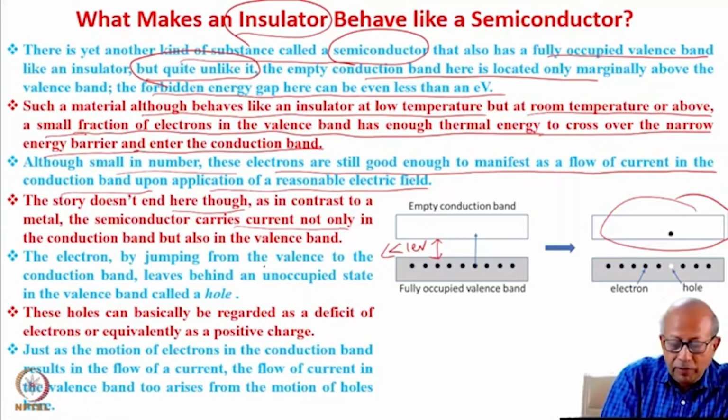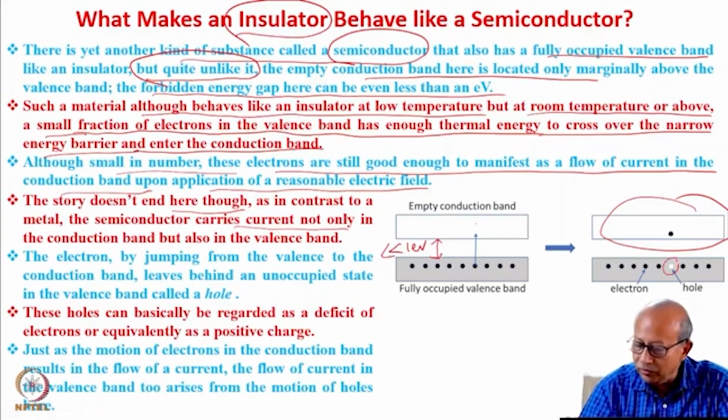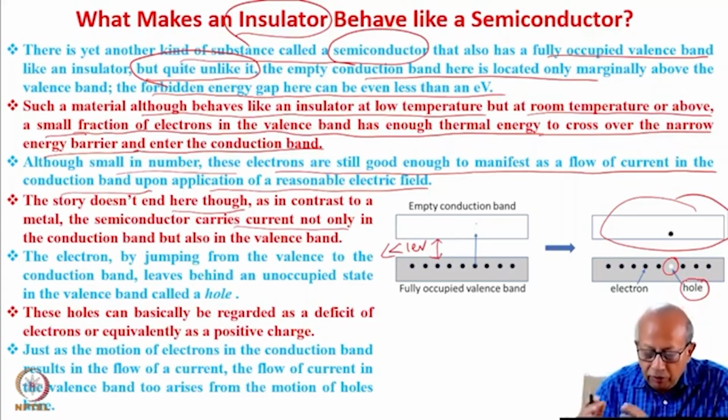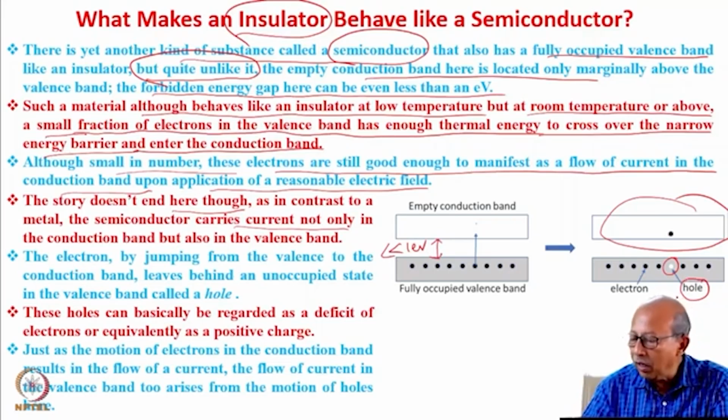You see, the electron, by jumping from the valence band to the conduction band, leaves behind an unoccupied state in the valence band, which is called a hole. These holes can basically be regarded as a deficit of electrons, and thus will equivalently possess a positive charge.